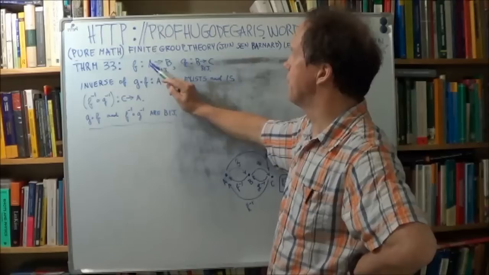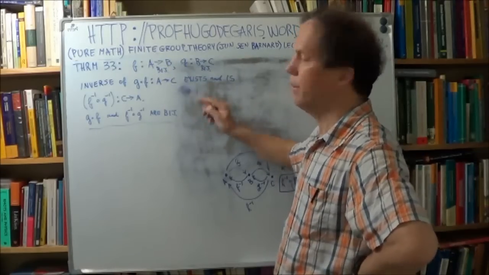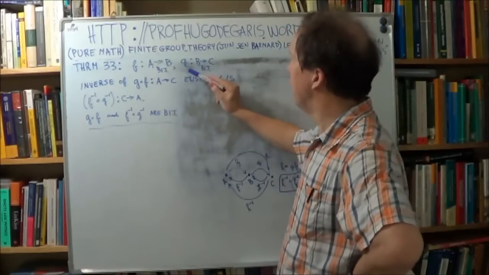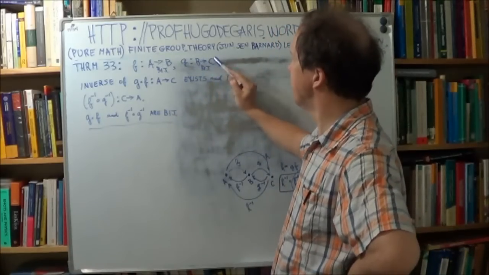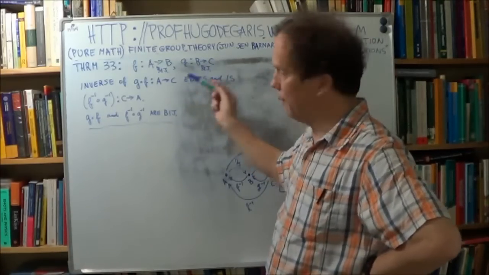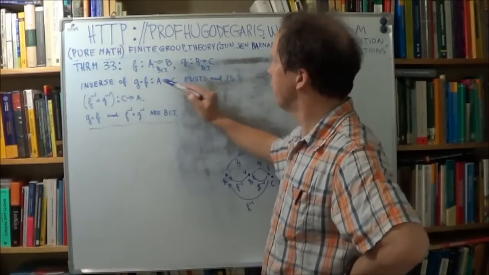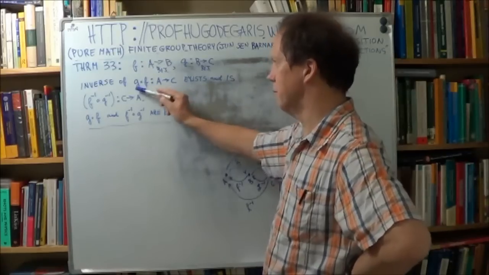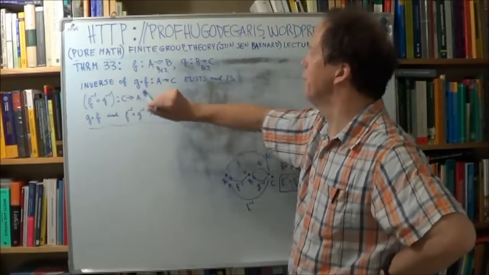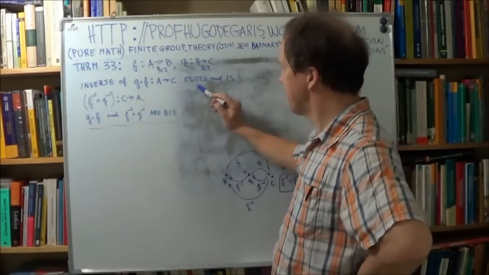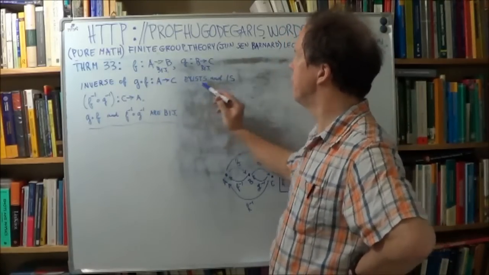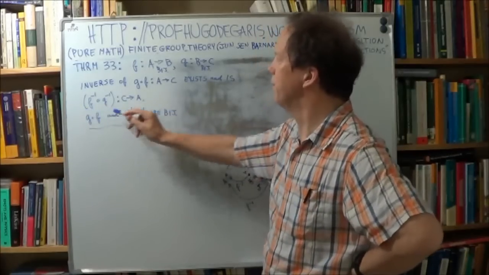So f maps A to B bijectively, in other words 1 to 1, and g maps B to C bijectively, 1 to 1. Okay. Then the inverse of the composite function fg, or if you're reading it from left to right, gf, it exists. Now, there is an inverse, and it's of this form, right?